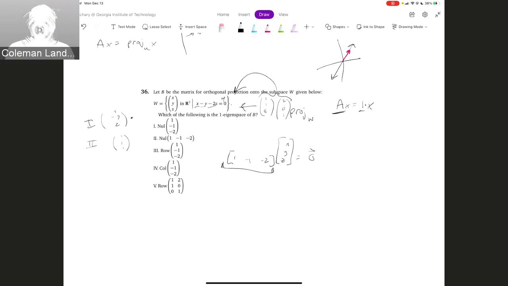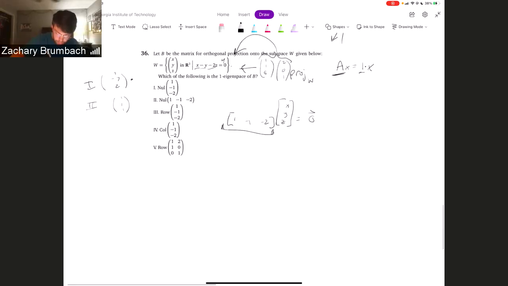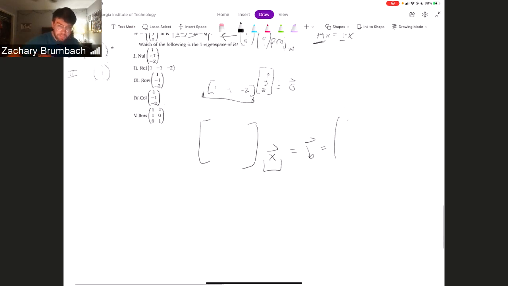Because remember towards the very beginning of the semester, when we wrote this initially, this was our variable vector, this is equal to b, b is whatever our numbers are, right? Like when you plugged an equation into a matrix in augmented form, this would be 1, -1, -2, augmented with 0, right?